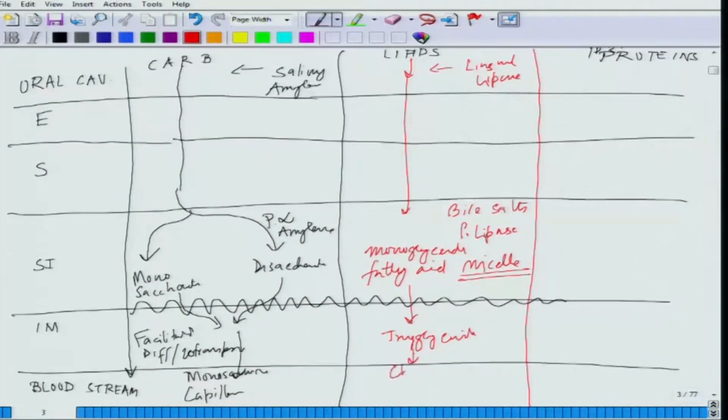These micelles then diffuse inside the intestinal mucosa and form triglycerides, then they form chylomicrons, and these chylomicrons are then moved via exocytosis. So here exocytosis is taking place and they move on to the bloodstream and the lacteals.